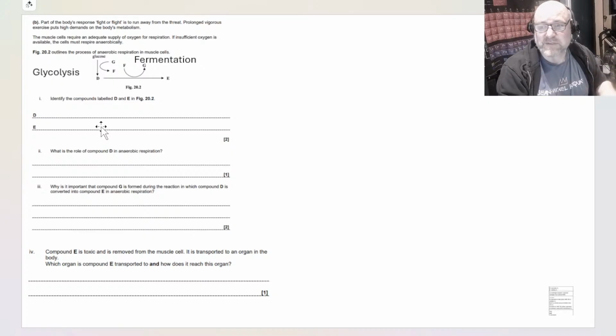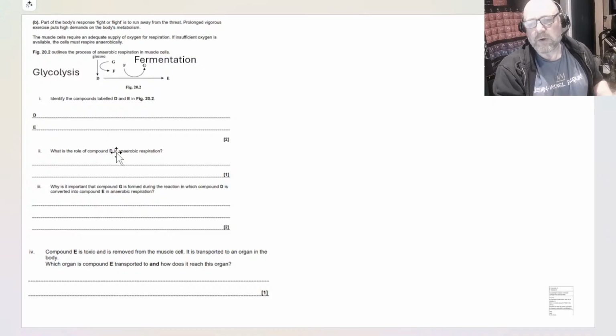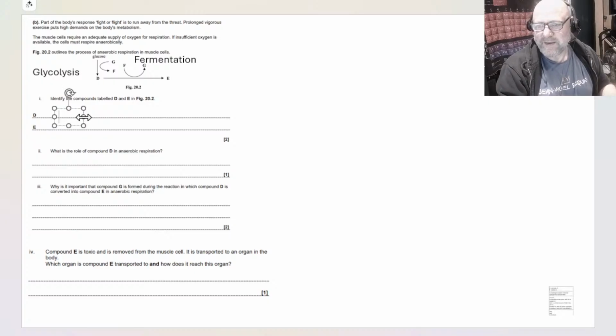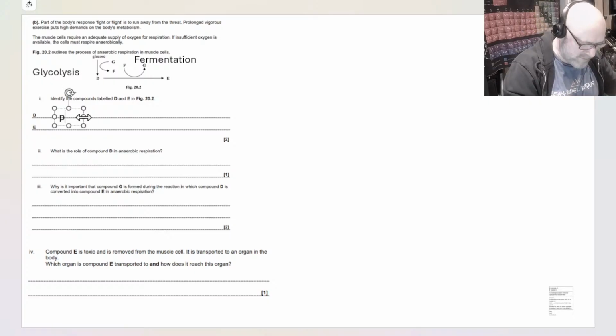It's in the muscle cells. It's going to be lactate. So my guess is that my first go at this question was wrong, and D is pyruvate.